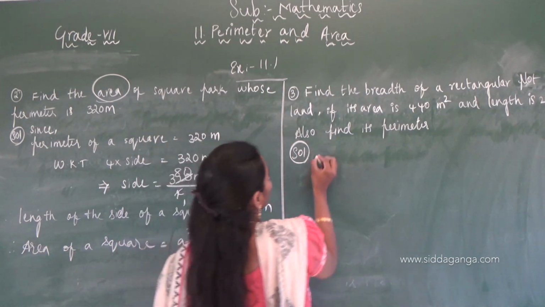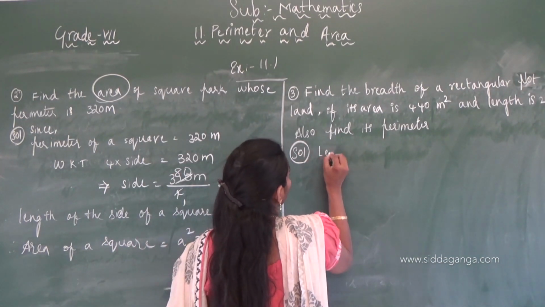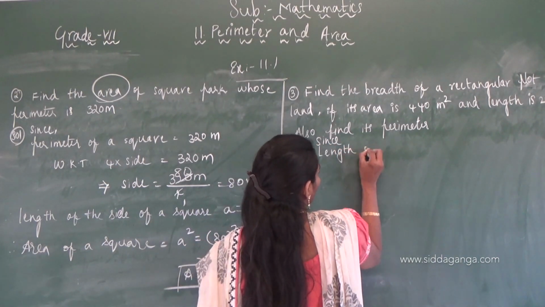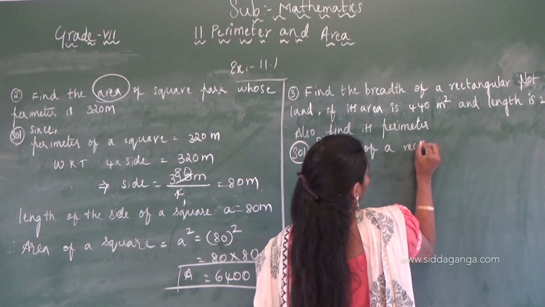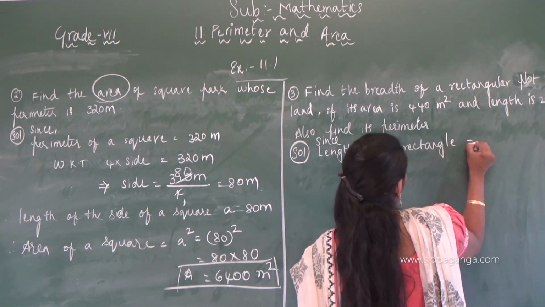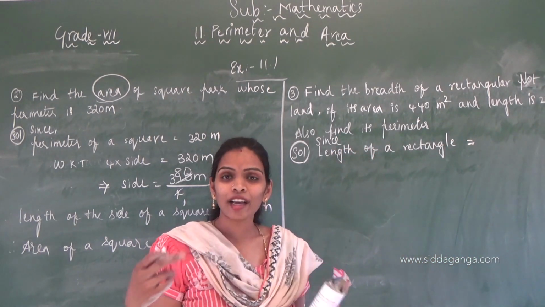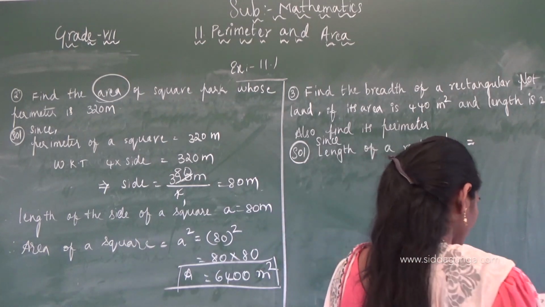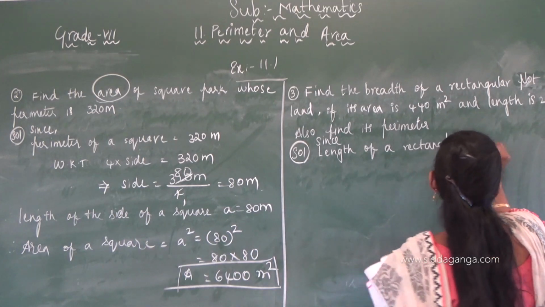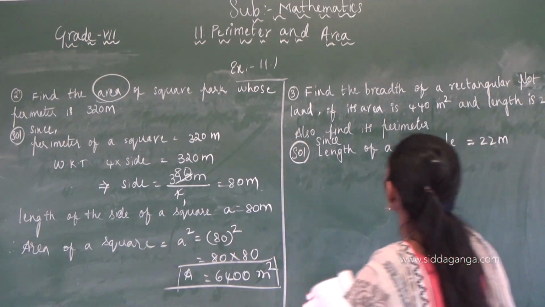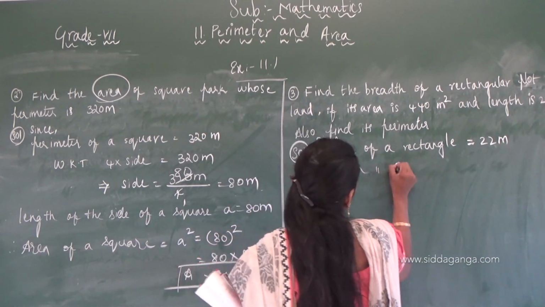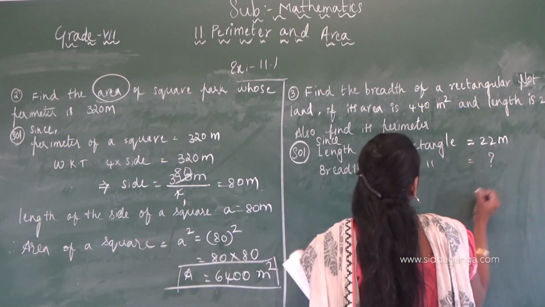Here you have to write: length of a rectangular plot of land is 22 m. Breadth only you have to find.